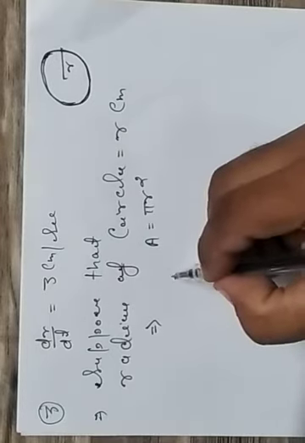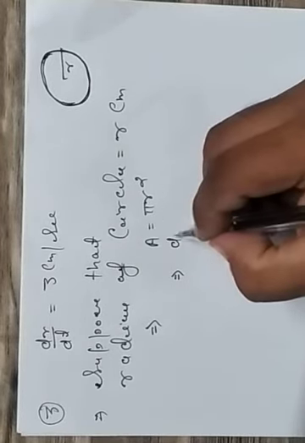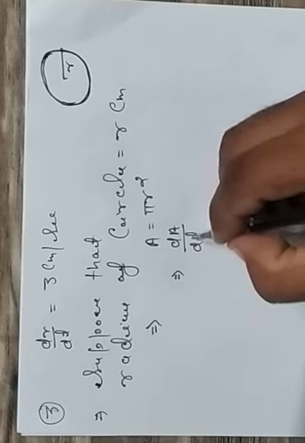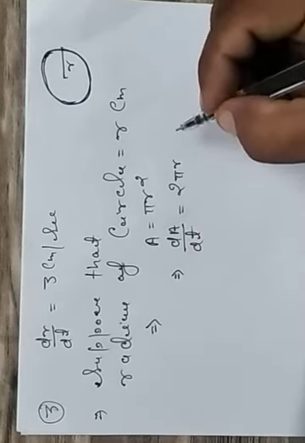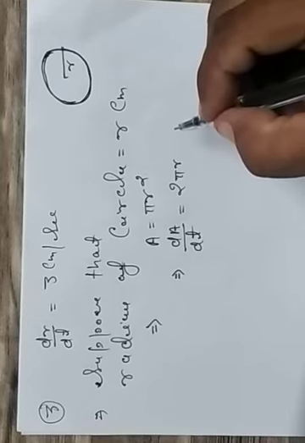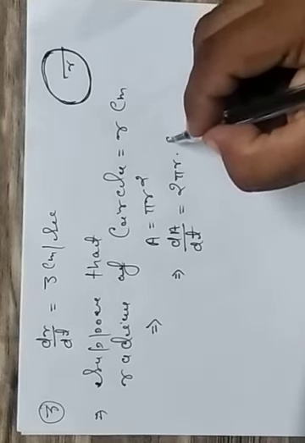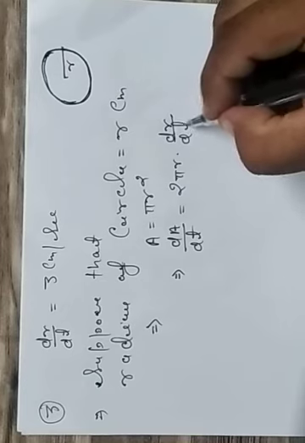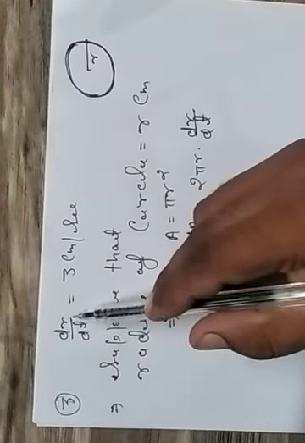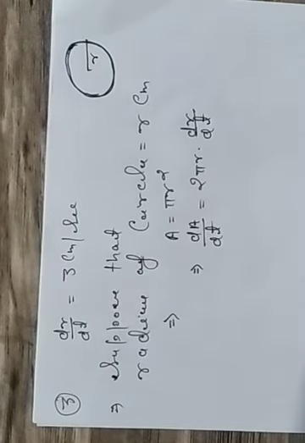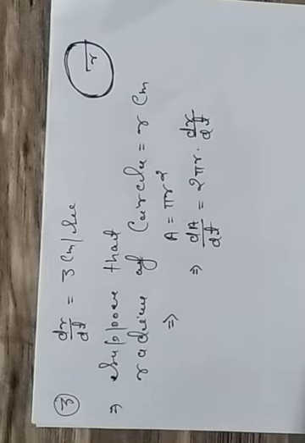Now differentiate both sides with respect to time. It becomes dA upon dt is equal to 2 pi r into dr upon dt. And students, see here, value of dr upon dt is already given in your question, which is 3 centimeter per second.